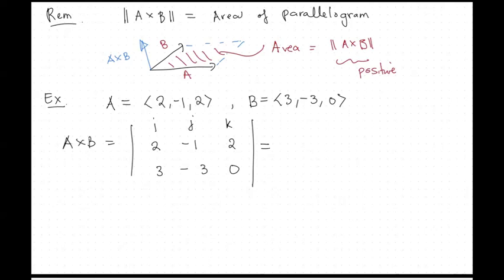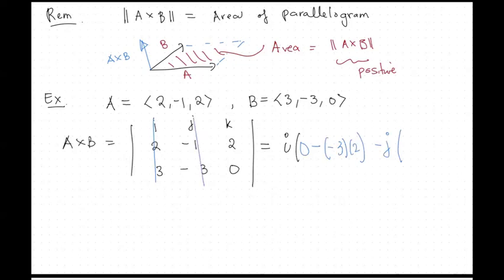And then here, if we cross this one out, we get i, and then this is this minus this, and then this is 0 minus negative 3 times 2.